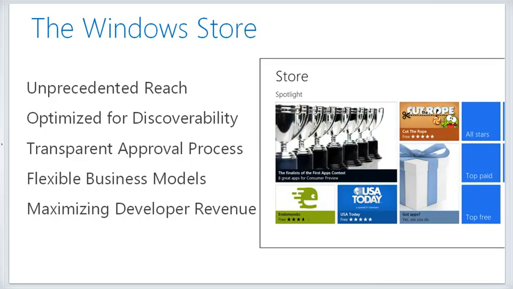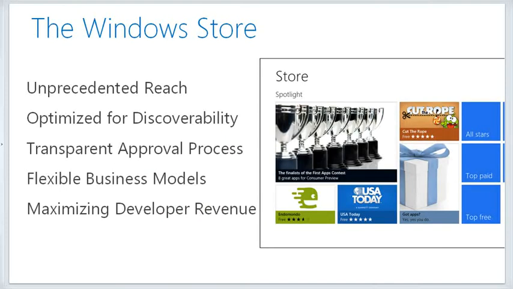Now, for the last 5 minutes, I want to talk about the Windows Store. I'm really excited about the Windows Store. There's a lot of opportunity here. The Windows Store has absolutely unprecedented reach. There are over 500 million copies of Windows 7 out there, and these are copies that we have actually sold, so there may be even more running rampant.